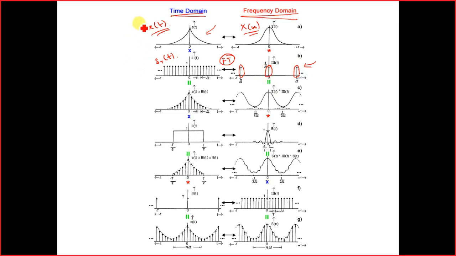For discretizing, we need to multiply x of t with delta t to get x of n. When we do this, we get the discretized signal.